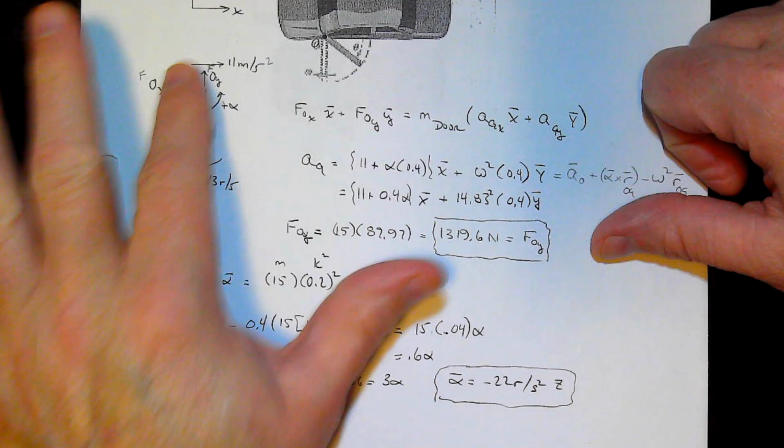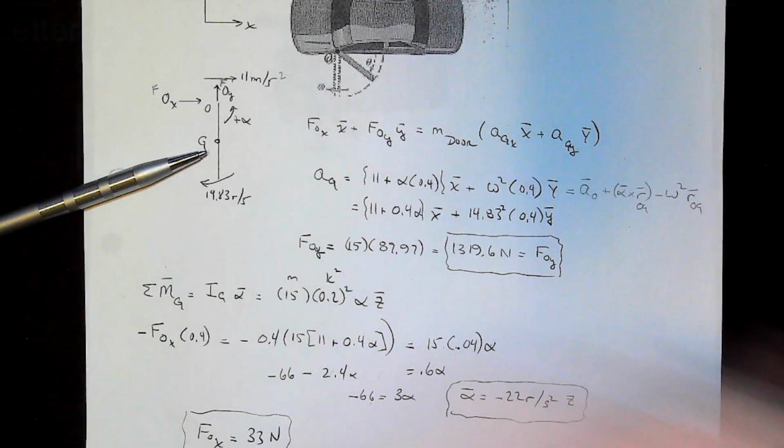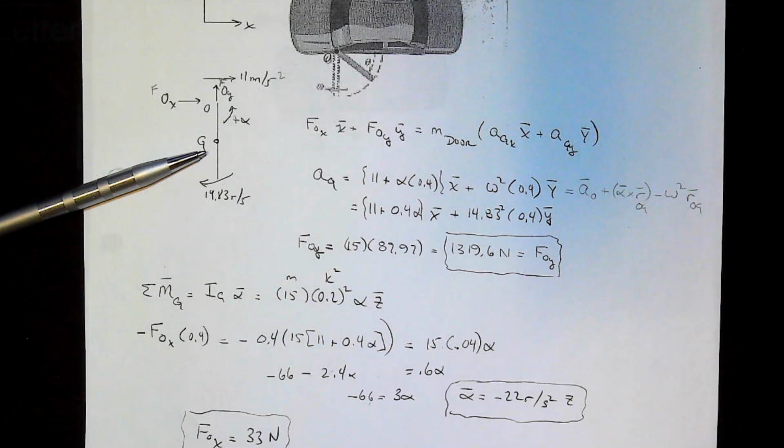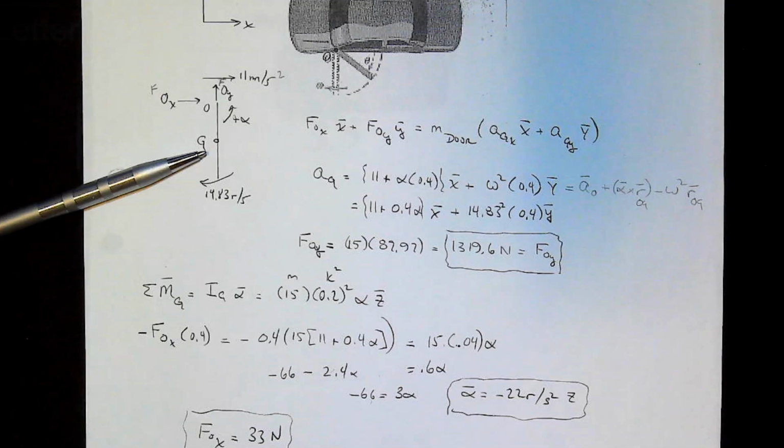There's the hinge, which will be at O. And the car is accelerating back at 11 meters per second squared. At the hinge, we know exactly what the hinge is accelerating at. The hinge is fixed to the car, so we know what its acceleration is. The door has its own behavior, though it's driven by that.